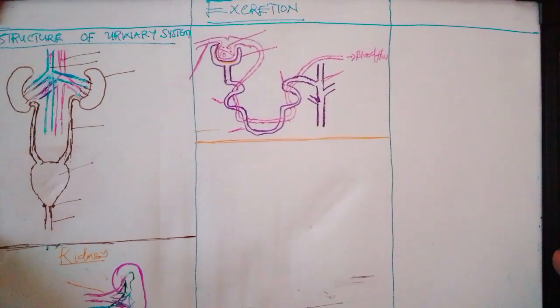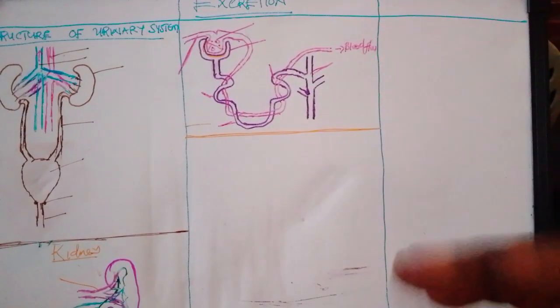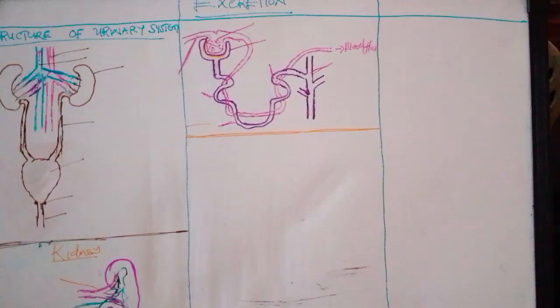So now, to begin our topic, what is excretion? Excretion in simple terms is just the removal of metabolic waste products from bodies of living organisms. We know that living organisms undergo a process known as metabolism, which involves the breakdown of food and also the building up of certain molecules.